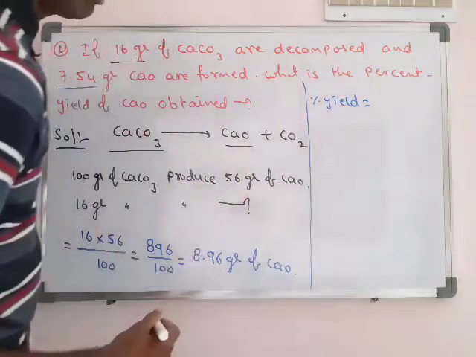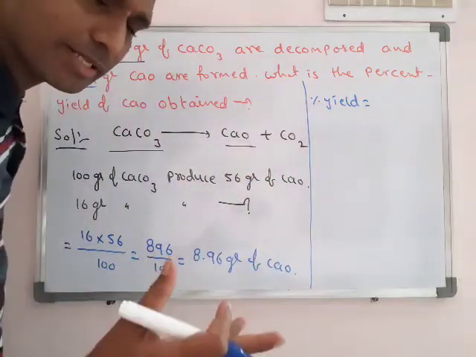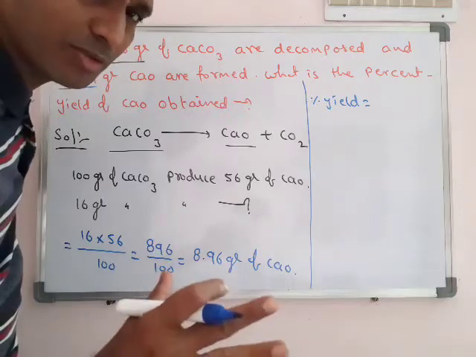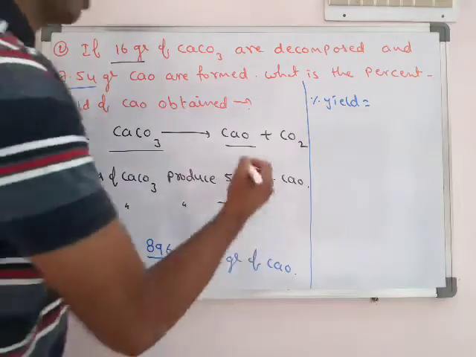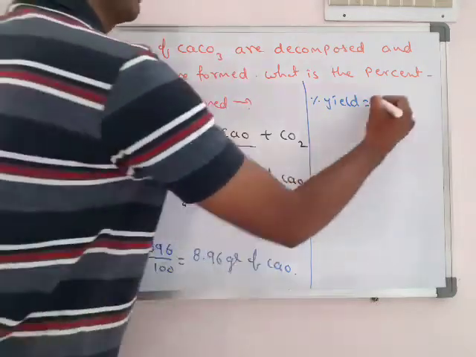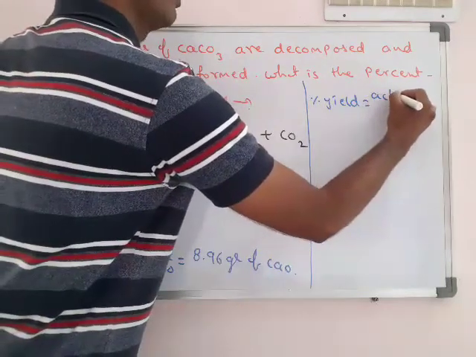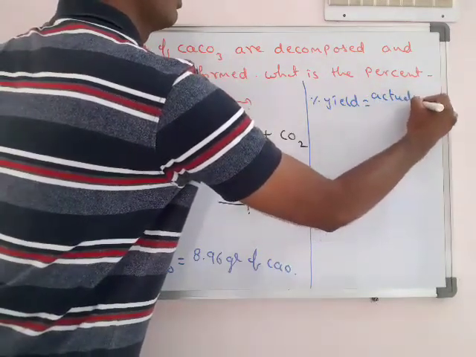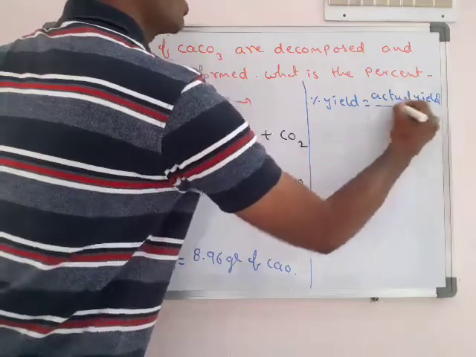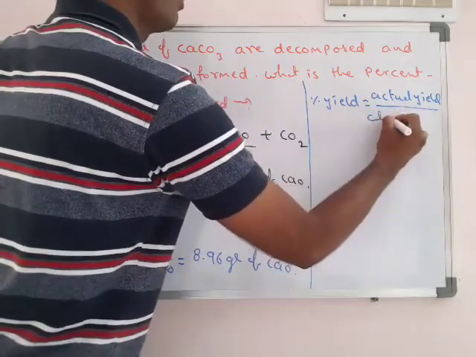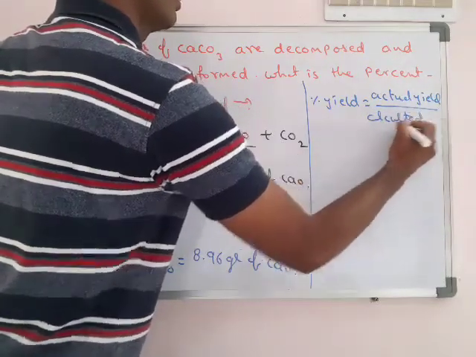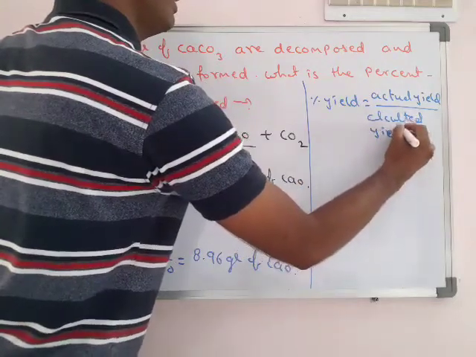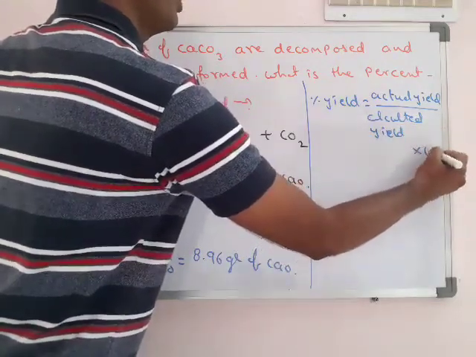So percent yield equals, you have to write the formula once again, but here I am substituting the values directly. Okay, write again: actual yield by calculated yield into 100.